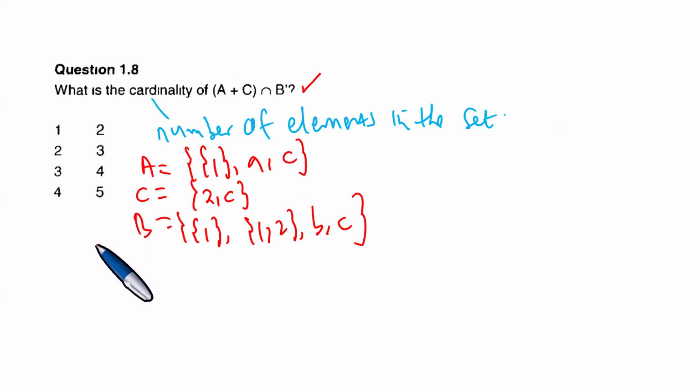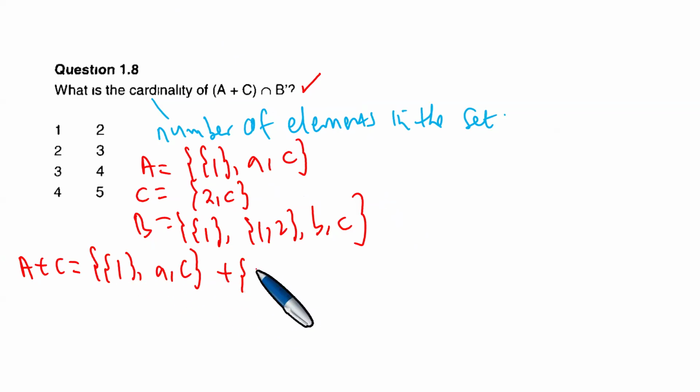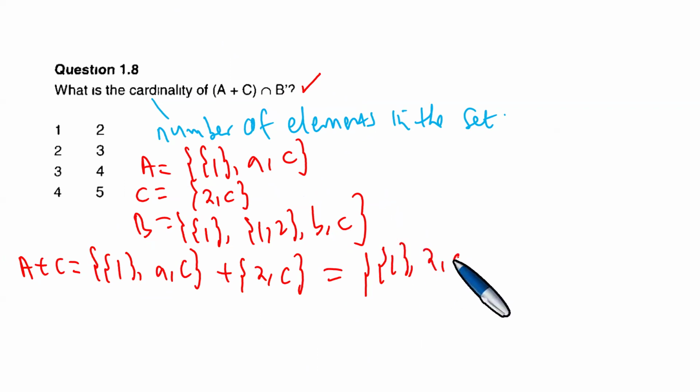But first, we remember we got A plus C. We computed A plus C because A plus C was 1AC, plus C, which is 2C, and therefore we only removed C, which is the common element. We remember that this one was 1, it was also 2, and it was also A, like so. Now with our analysis of this, we continue to look at things more.